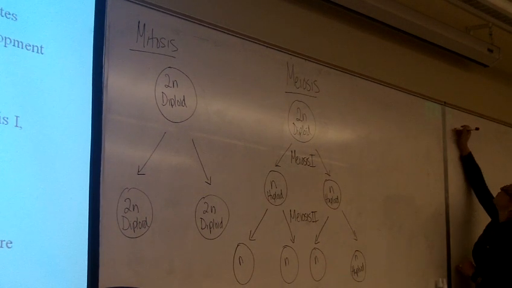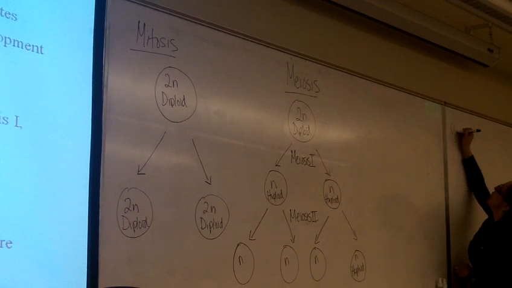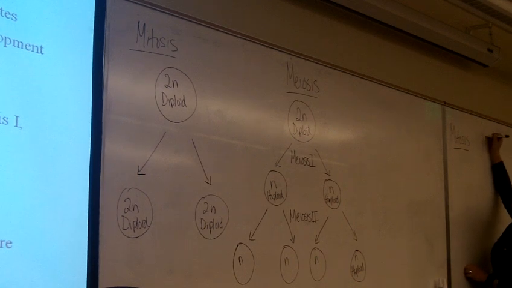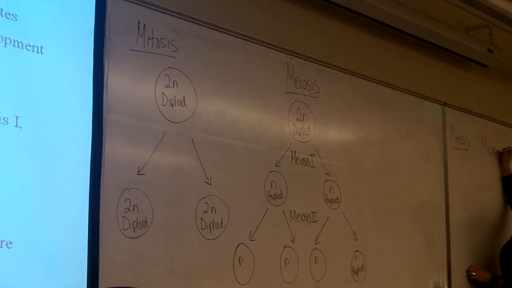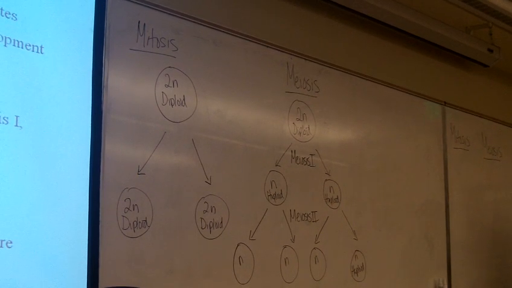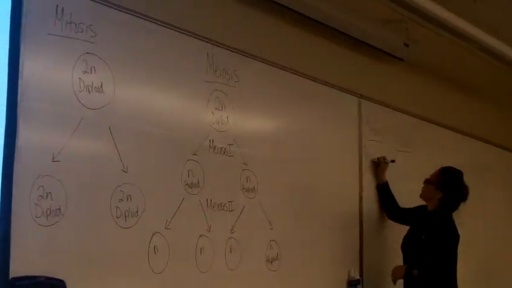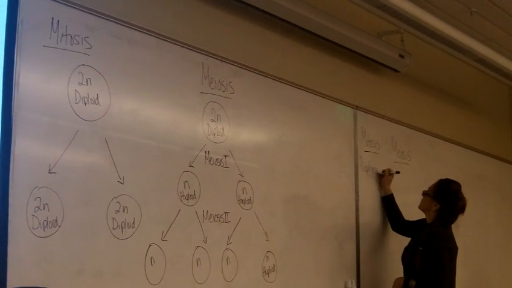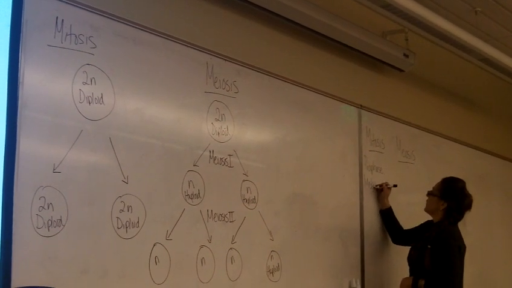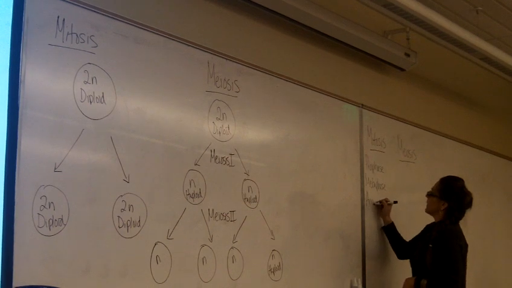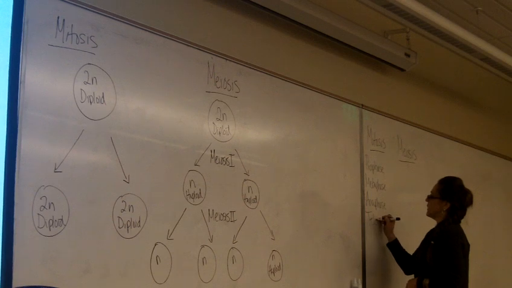Now remember, when we're doing these parts of mitosis and meiosis, there are different phases of these rounds of cell division. And those phases are prophase, metaphase, anaphase, and then telophase.